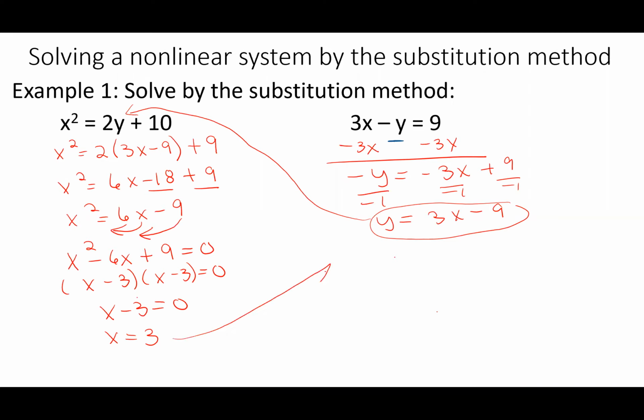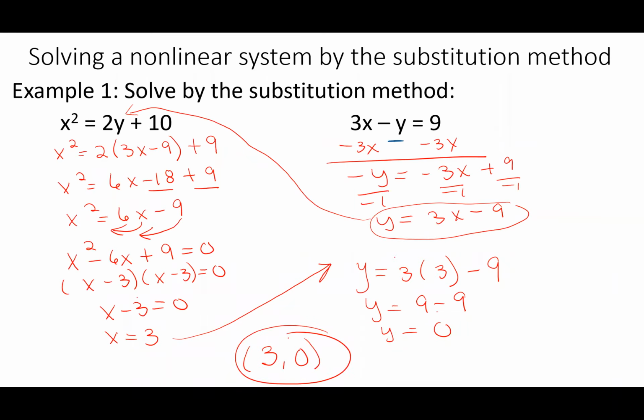Well, going back over here, we know that y is 3 times the x minus 9. So we get y equals 0. So our solution is the point (3, 0). Now, you won't always have just one solution, but in this case, you do.